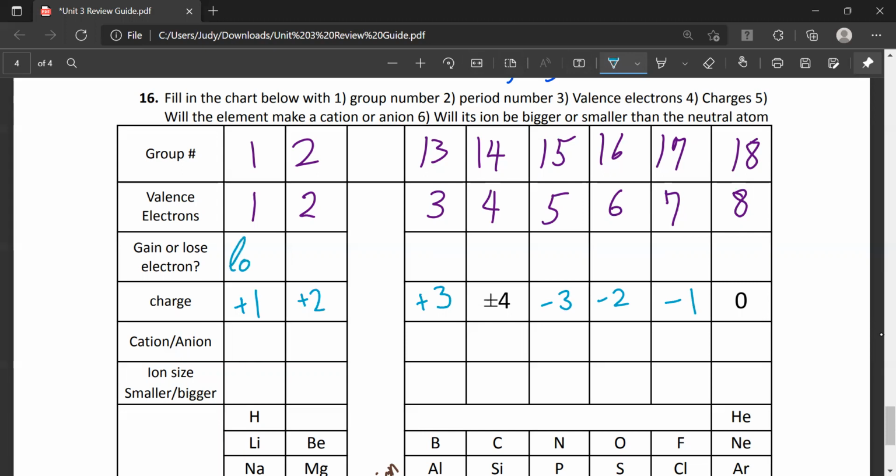So I'm going to label lose, lose, lose. I'm going to leave the plus and minus blank because it's technically both. And then gain, gain, and gain. The zero charge means no charge, which means there's no positive or negative, so I'm going to leave it as it is.